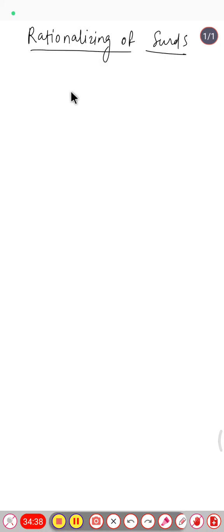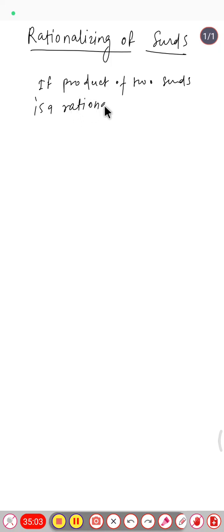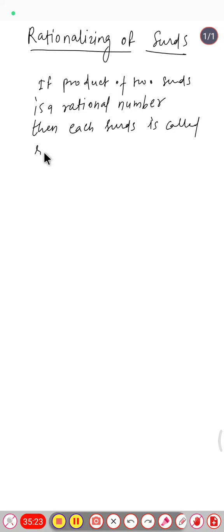Rationalizing is nothing but this: if the product of two surds is a rational number, then each surd is called the rationalizing factor of the other.